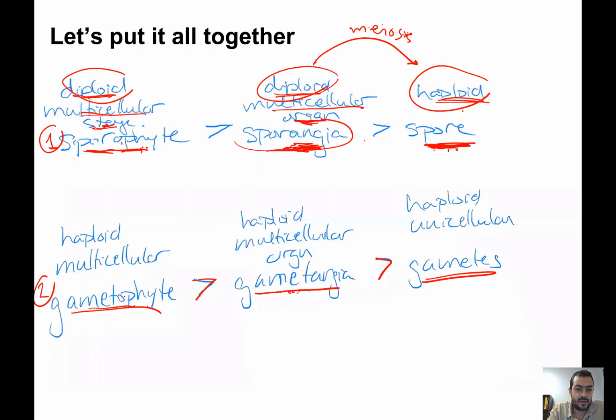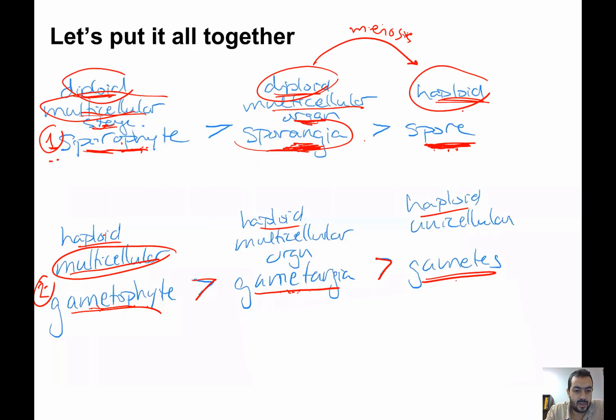Then if we think about gametophyte and gametangia and gametes, everything related to the gametes is going to be haploid. So gametophyte is a multicellular structure. Remember, both stages are multicellular, whether it's sporophyte or gametophyte.